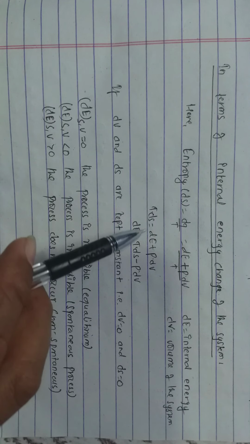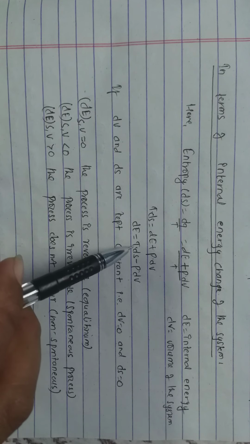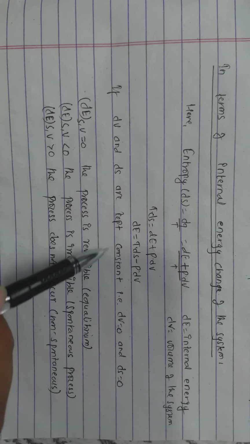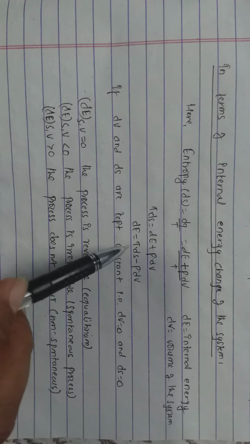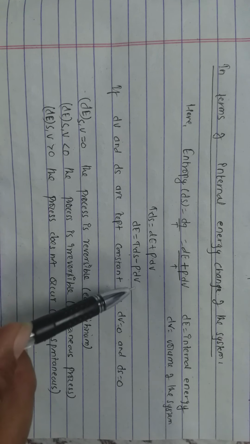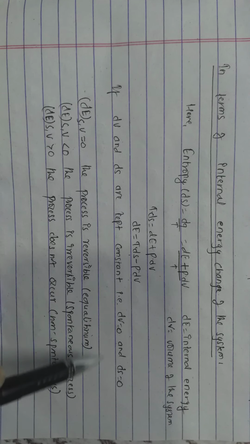T dS is equal to dE plus P dV, so dE is equal to T dS minus P dV. If dV and dS are kept constant, that is, dV is equal to 0 and dS is equal to 0.